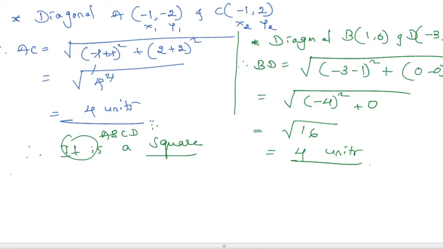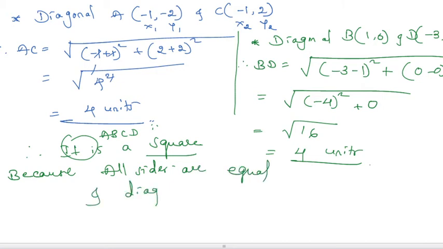Because ABCD is a square because all sides are equal and diagonals are also equal. Now, in that problem two more problems are there, the second and third ones, which are similar to this problem. Do it yourself. Now, problem number 7.